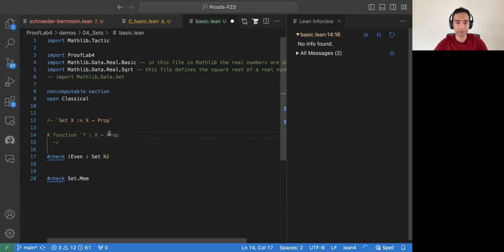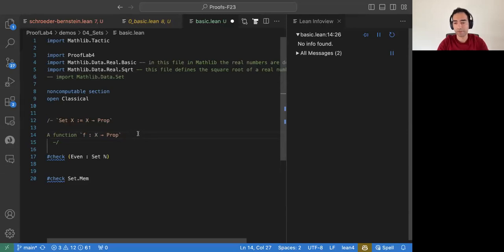So if I have a function like this, what did we call such functions? We had a special name for them. Nobody remembers this?